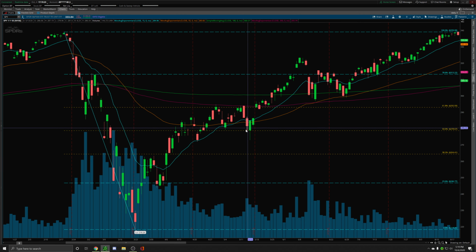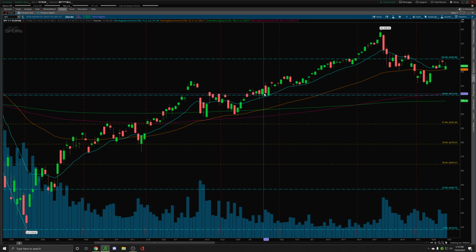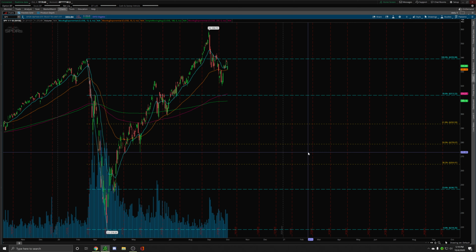Even though it broke through, it held, it made the push back up. Boom, we broke, came back down, consolidated, and once we broke through this level, we really took off, right? So I'm sure that gives you kind of an idea of how you can identify support and resistance levels through Fibonacci retracements.